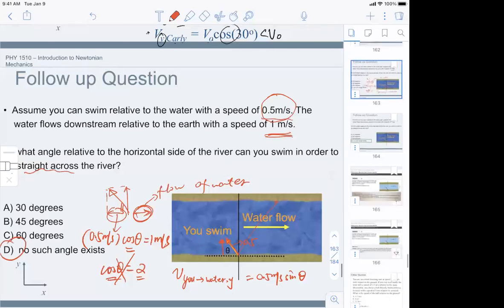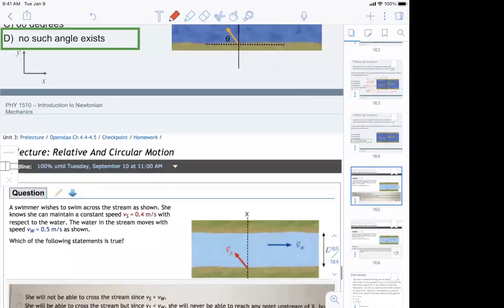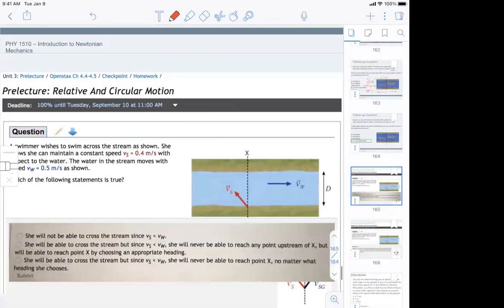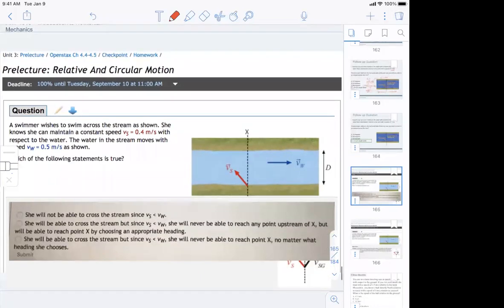No such angle exists. So going back to the pre-lecture question that you have already done, this is a swimmer relative to the water with this much speed, and this is the water flow. You can see that it's similar to the question we answered.